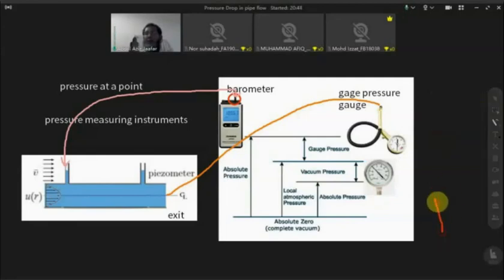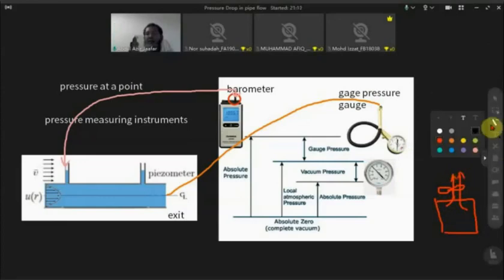Let's say we have a closed container and we exhaust some of the air from it to produce a space with low pressure. We can use the vacuum pressure gauge to get information about the absolute pressure inside.